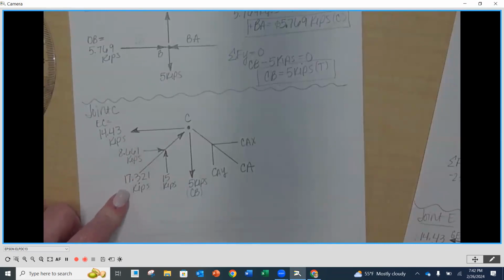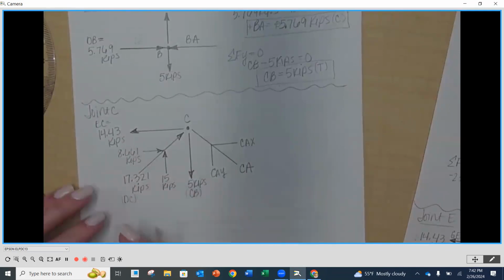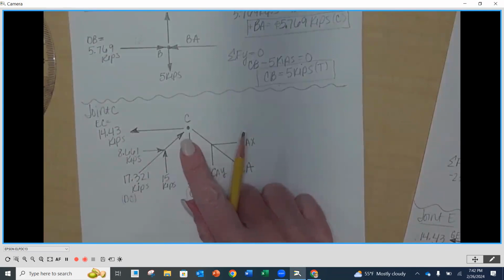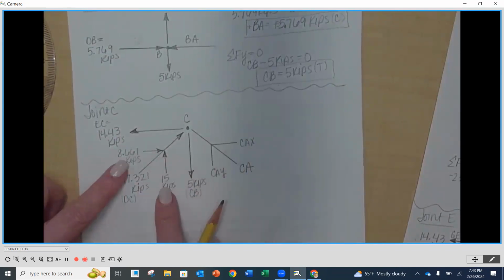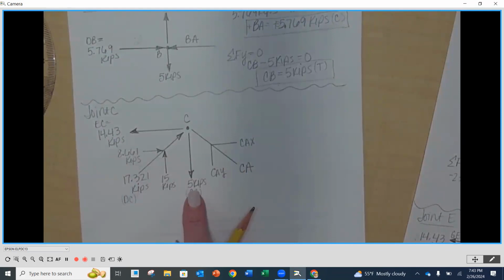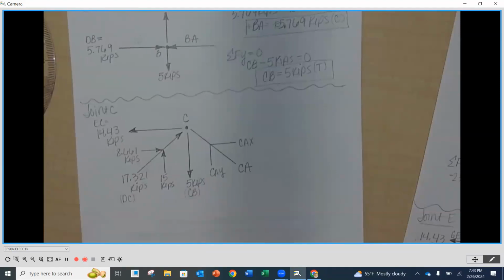It was in compression, 17.321. So this was, I think we called it DC. Pointing towards, so that means that the Y has to go up, the X has to go to the right, 15 and 8.661 for each of those. This was CE. It was in tension, 5 kips, pulling away from E, so it has to pull away from C. So in this case, it's going to go down.